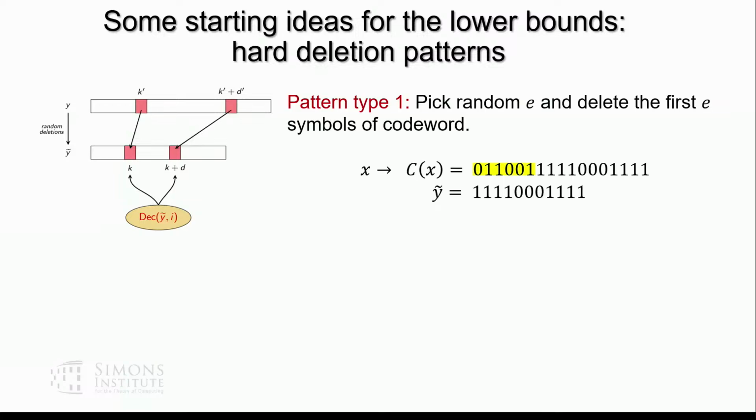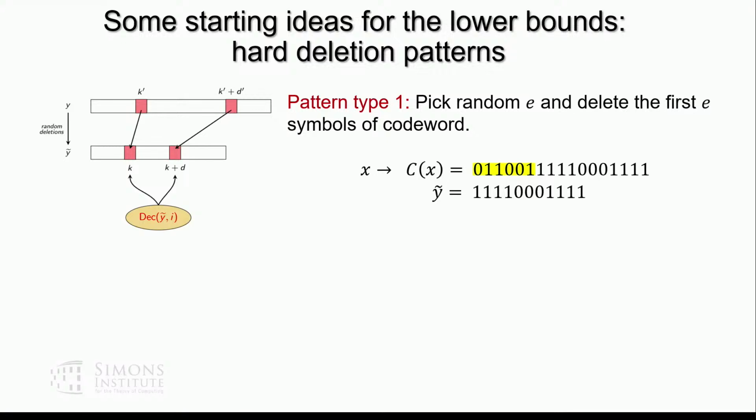So let me start by saying that, okay, we're going to be looking at error patterns, deletion patterns that are going to make the decoder work hard. That's how we're going to think about lower bounds. We're going to come up with families with distributions over the error patterns that will make the decoder perform many queries.